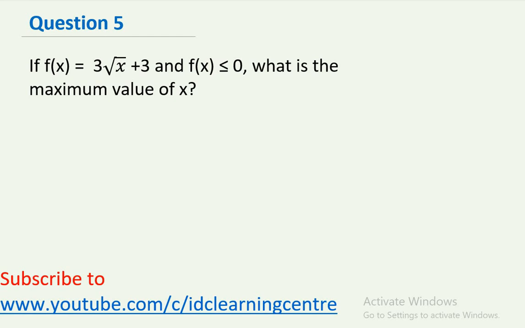Let me write this down, f of x equals 3 root x plus 3. And the question states that this value cannot be greater than 0. So we need to set up an inequality to solve for the maximum value of x.